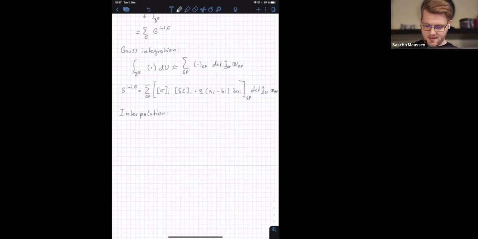Which renders this formula for any vectorial quantity.